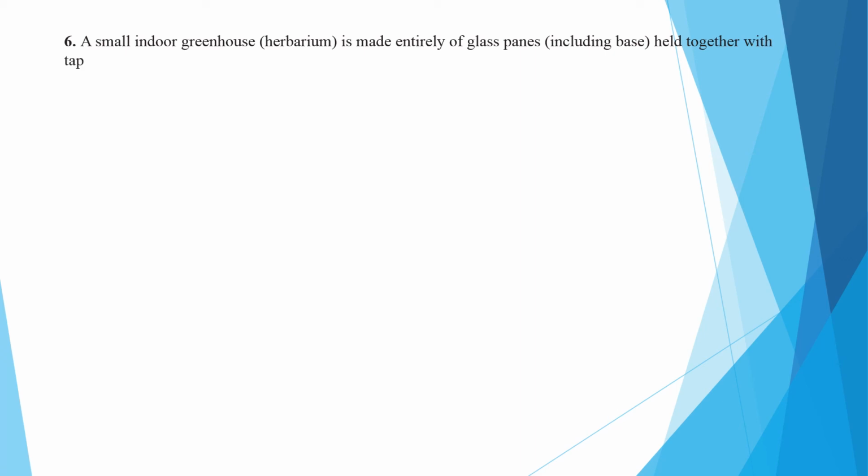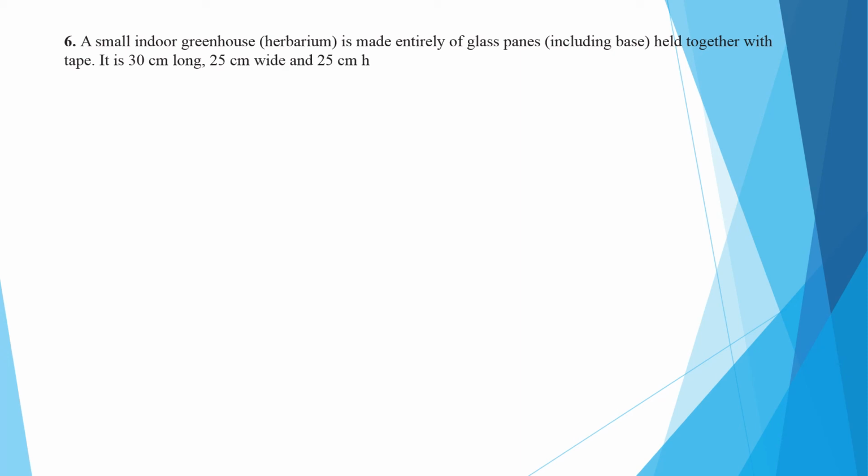Now you can see the next question that I have taken, a small indoor greenhouse herbarium. One small indoor greenhouse herbarium is made entirely of glass panes, means it is made up of glass, including the base also, held together with tape. These glass panes are tied with the help of tape.